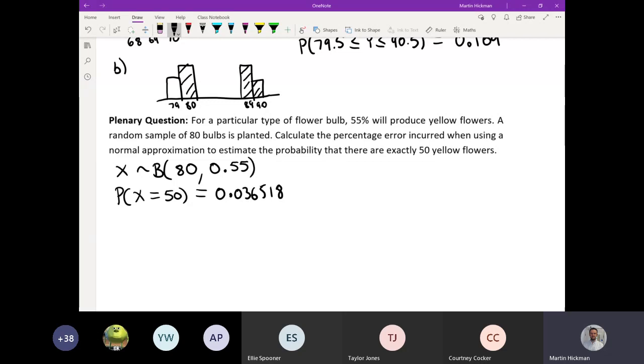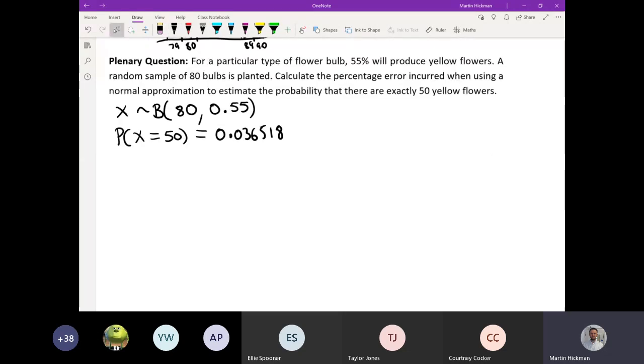What I'm going to do now is work it out in terms of normal. So mean is going to be n times p, so it'd be 44. So we're saying out of this sample of 80, on average, you'd expect 44 to produce the yellow flowers.